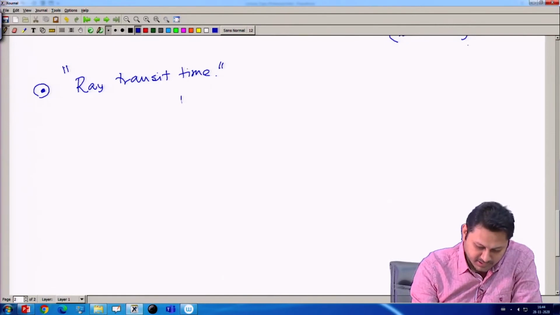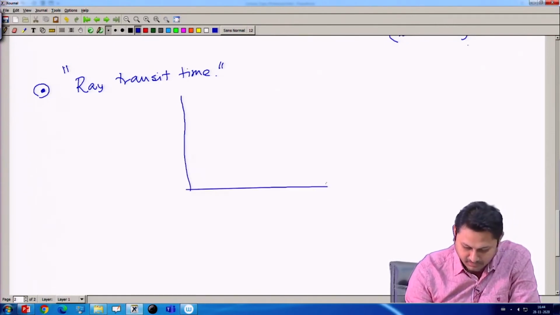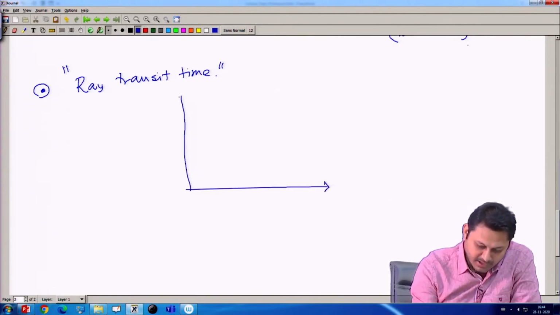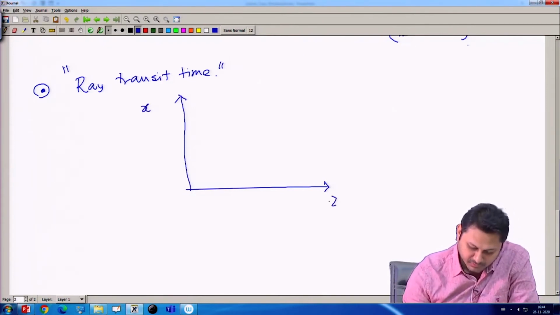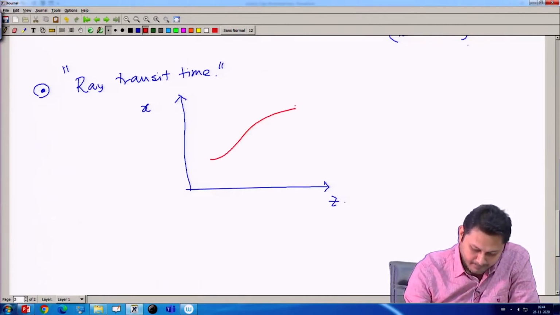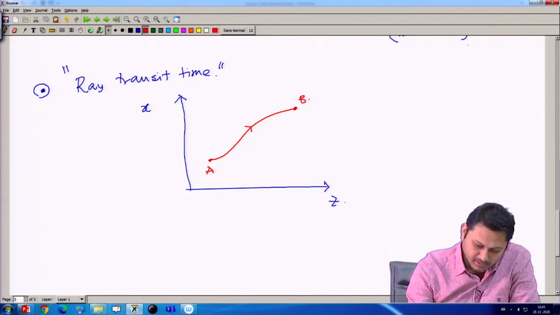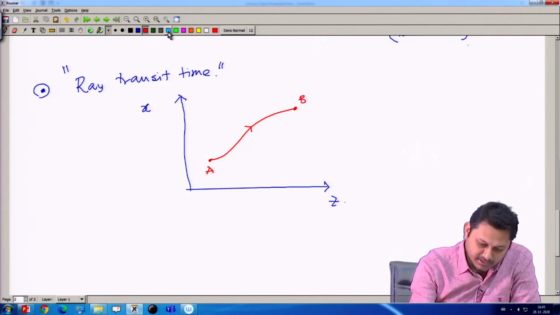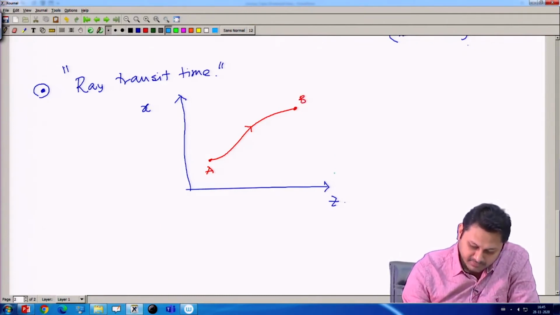So, let us try to understand this first. Again we have a 2-dimensional coordinate system through which a ray is passing following a certain path, going from point A to B, under the condition that I have a refractive index variation along this direction, which is a function of x.